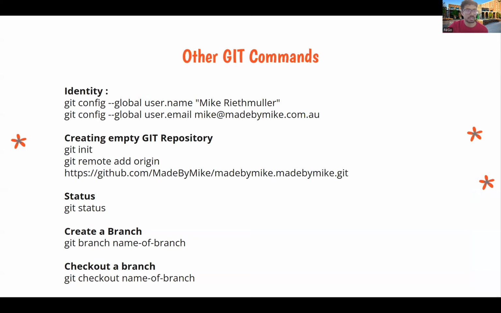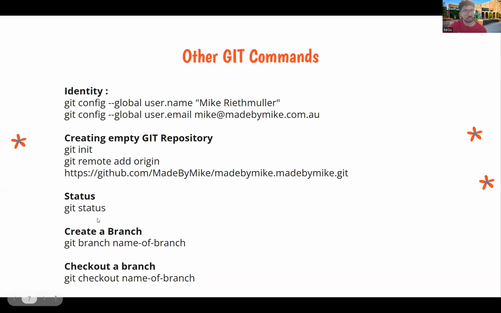Other Git commands. Once you get started with Git, you need to give the config, Git config. You can give global user.name, Git config global user.email. Then some commands to create a Git repository.